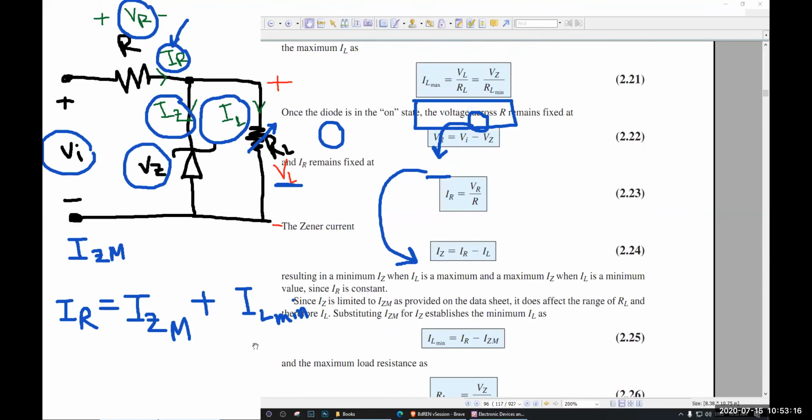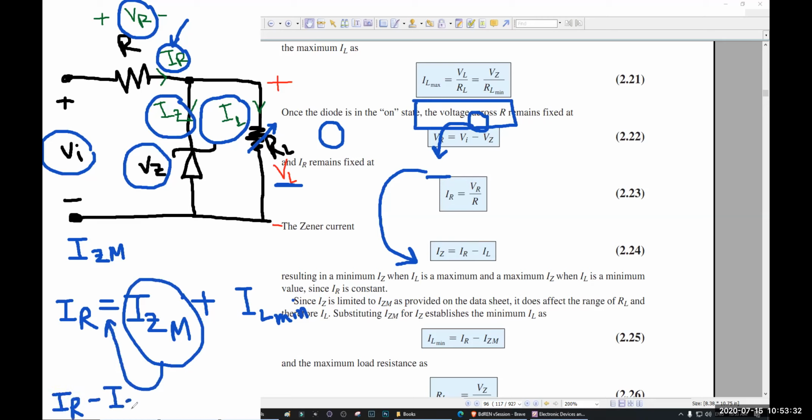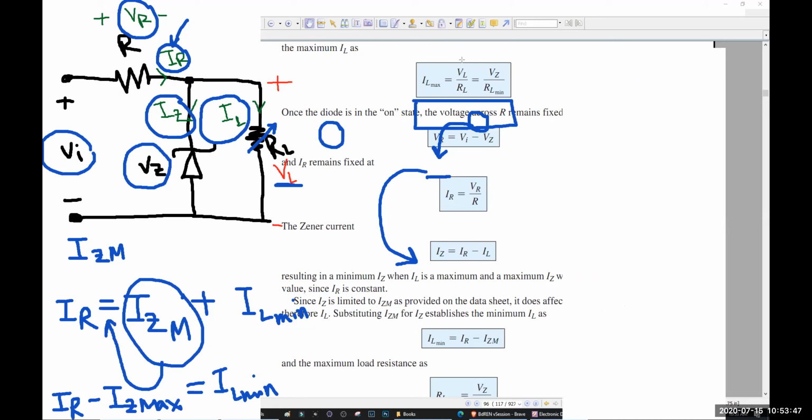So from here we can take it at this side: IR minus IZM, that is maximum, equal to IL minimum, right? If you know the minimum, can you find out the RL?